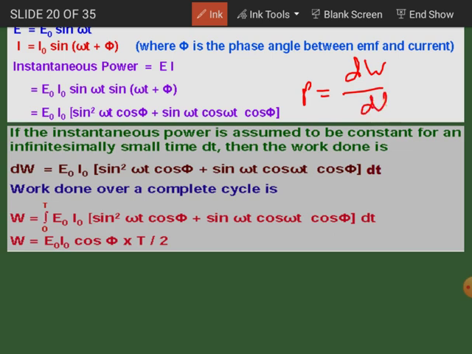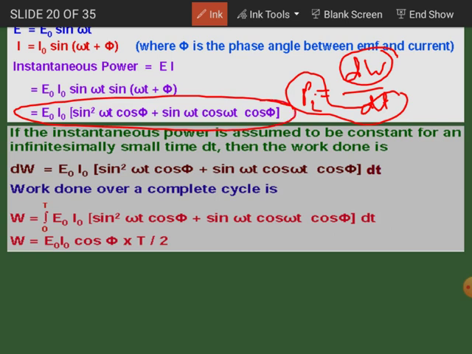So if you want to express this small amount of work, the product of these two gives you the power, the instantaneous power Pi. So dW will be equal to the instantaneous power times dt.